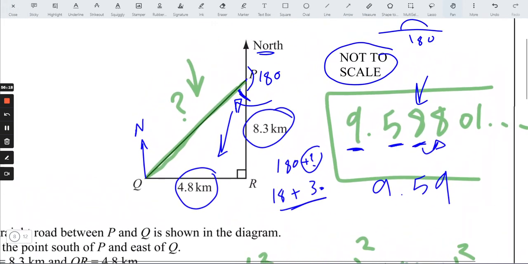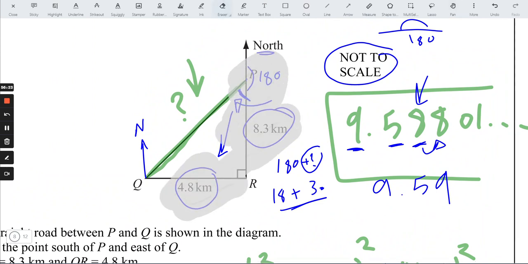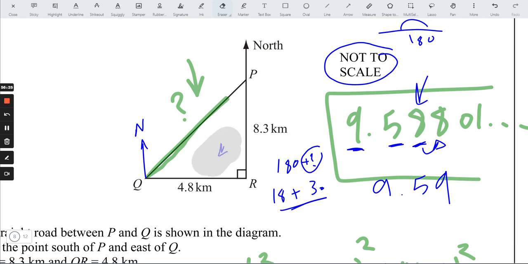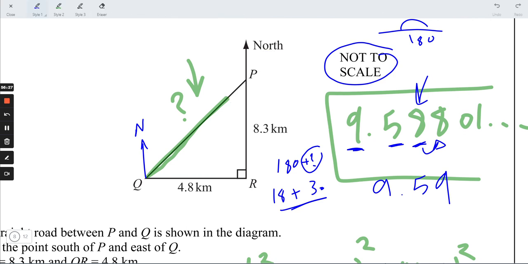So again here, I will explain it once more. They need the bearing from point P. So here with the north line we have 180. We still need to find this angle here, and measuring this angle by protractor is not acceptable.